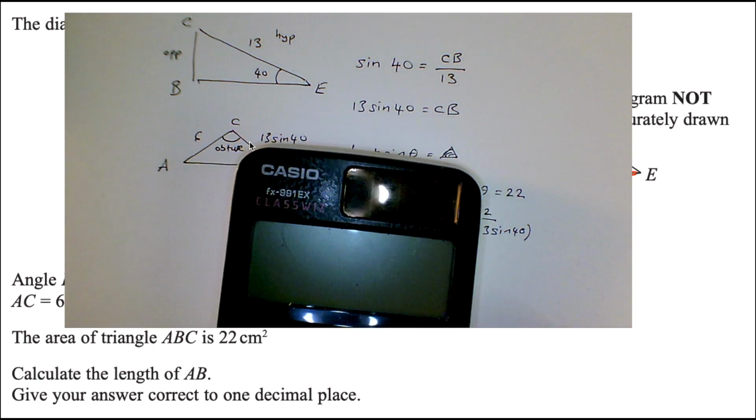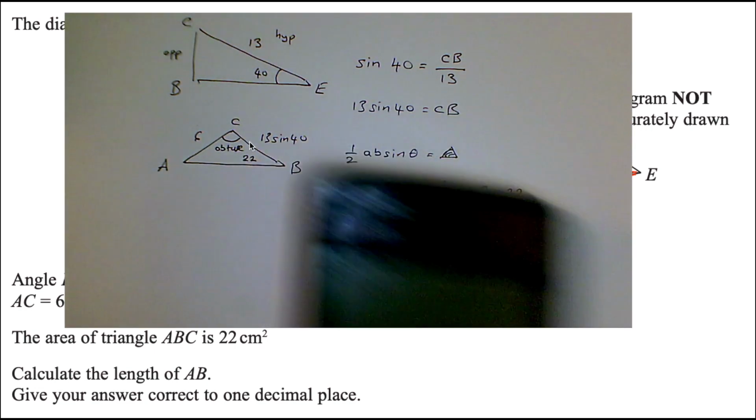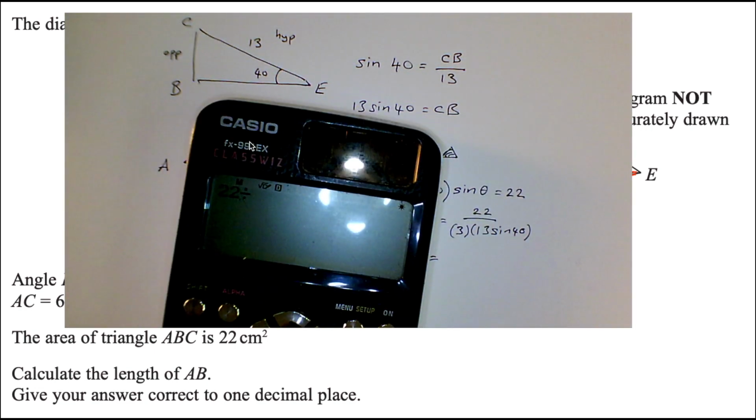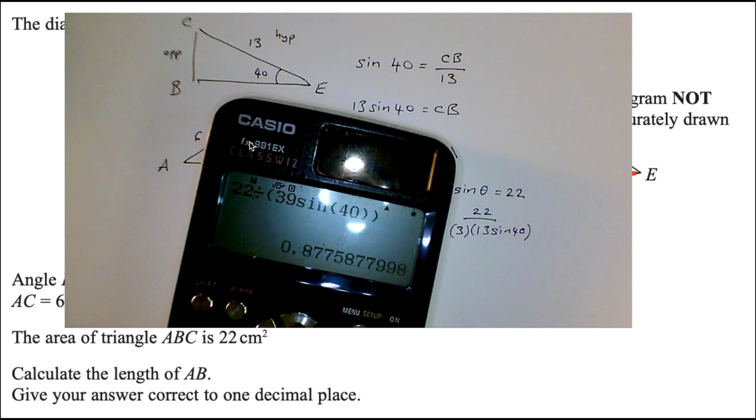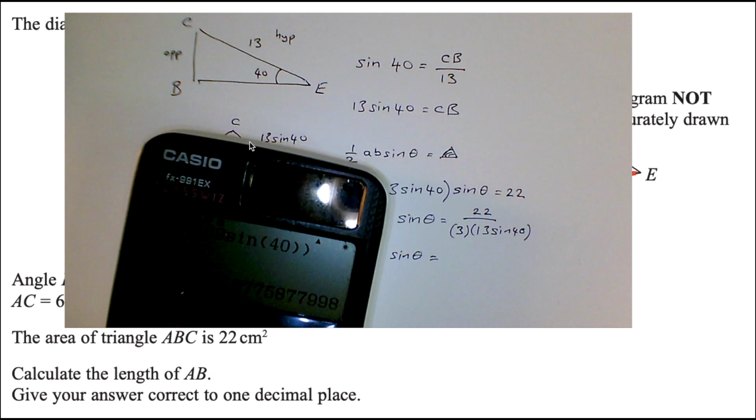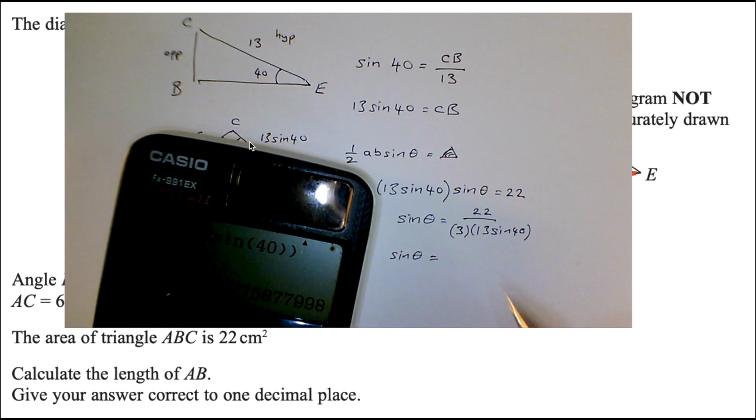So here we go: 22 divided by 39 sine 40 equals sine of the angle. If I do inverse sine of that answer, I should be able to find theta.